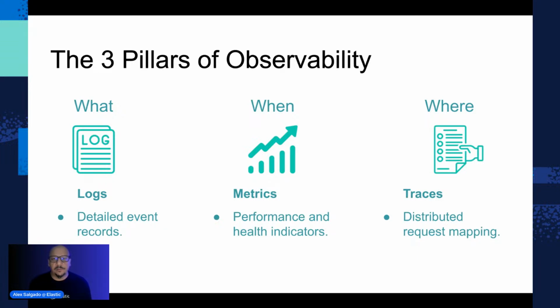Metrics show aggregated data, like response times or error rates, and traces show the journey of requests across different servers. By connecting these three signals, we can quickly move from identifying a symptom, like a latency spike, to finding the root cause, such as a database failure.